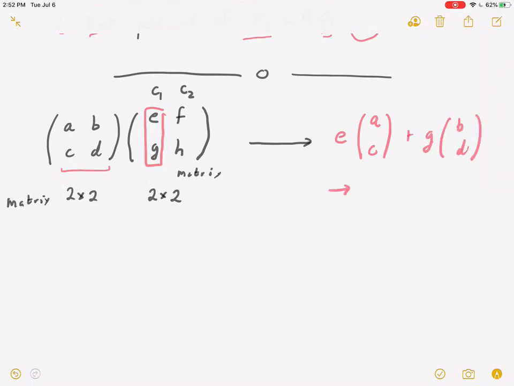And that's going to give me, using scalar multiplication and vector addition, AE plus GB, EC plus GD. And you can almost see this is a 2-by-1 matrix. So what you get really is just the answer for the first column of the new result.